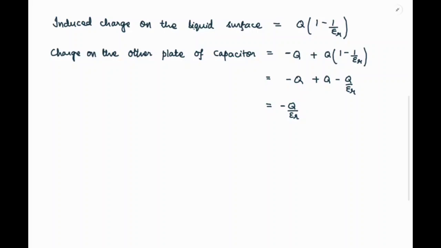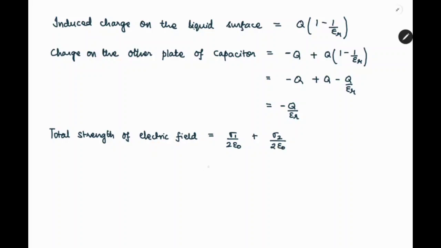So if we calculate the total strength of electric field, the total strength of electric field is equal to sigma by 2 epsilon naught due to the upper plate, and then sigma 1 and sigma 2 by 2 epsilon naught on the lower plate.